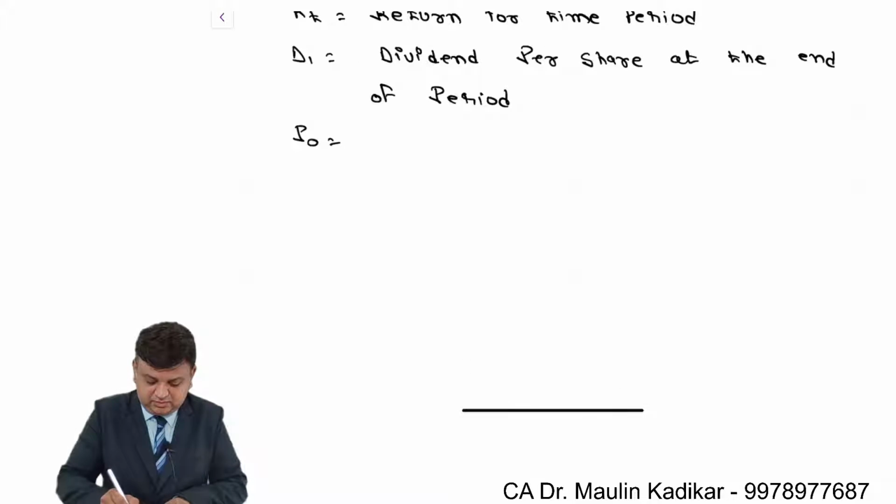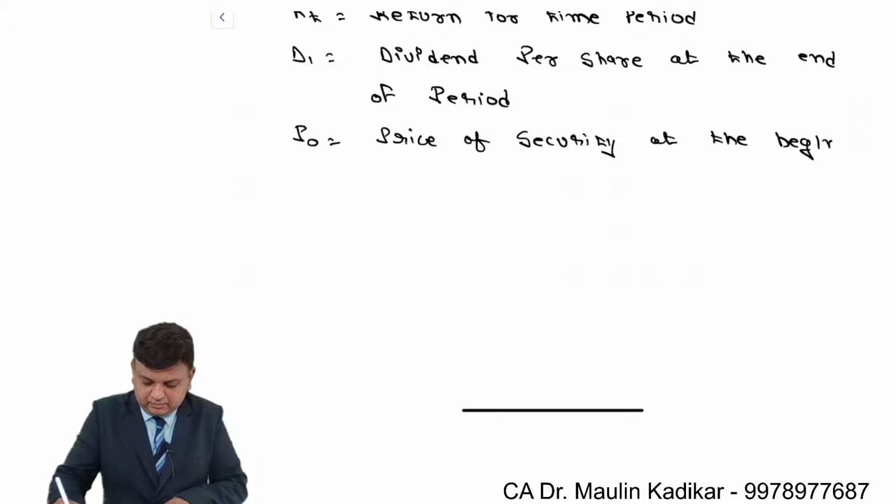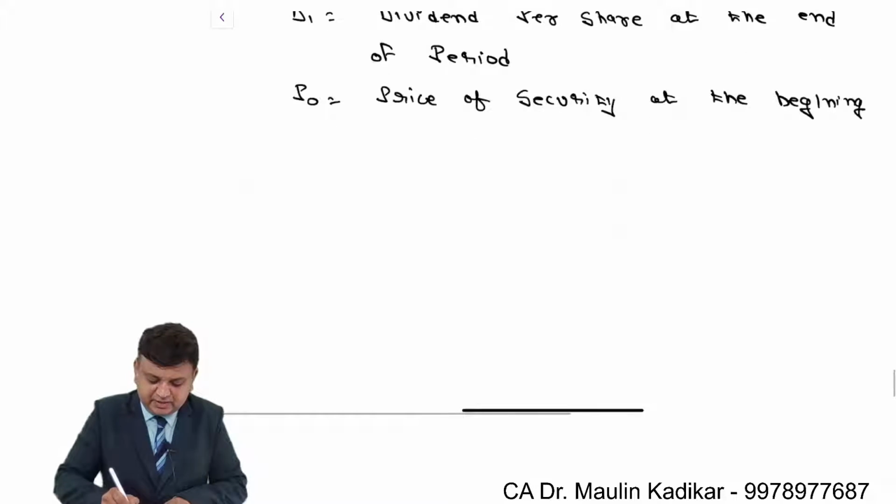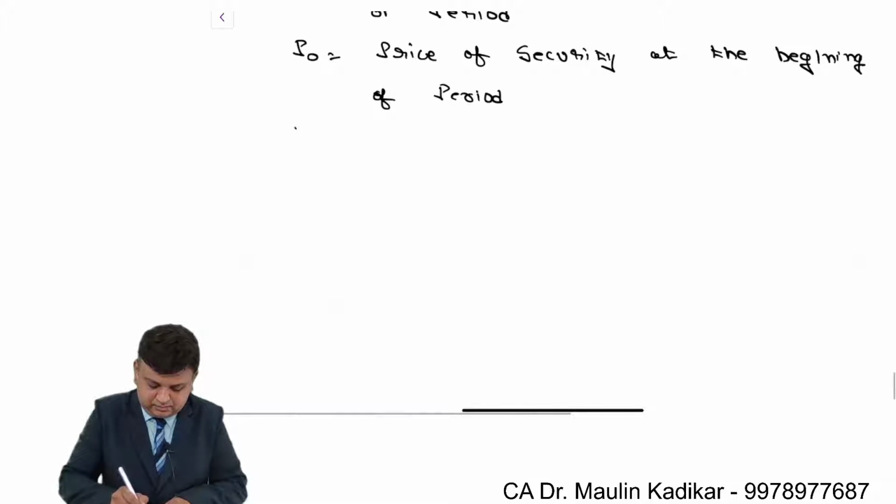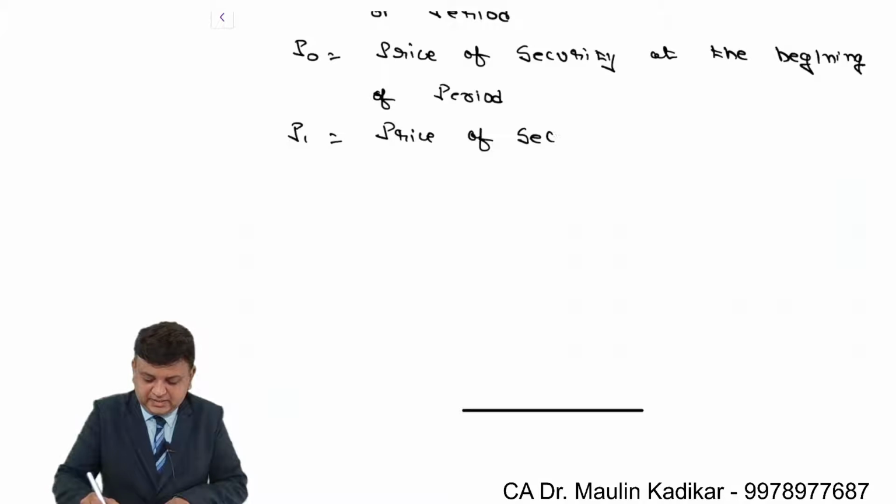P0 stands for price of security at the beginning of period. P1 is price of security at the end of period.